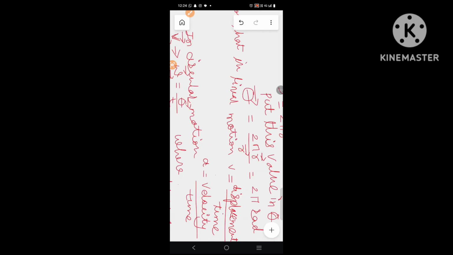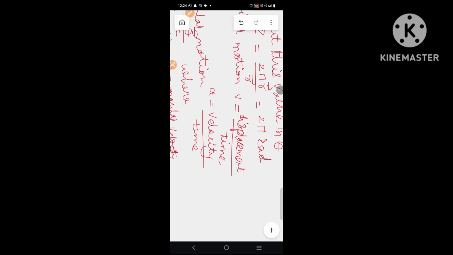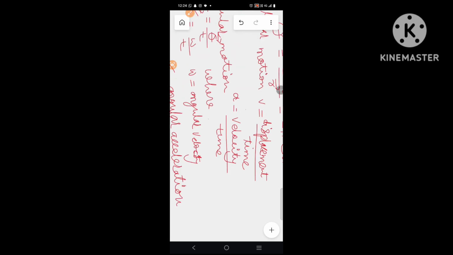As we know, in linear motion, the velocity formula is displacement upon time, and acceleration is velocity divided by time.